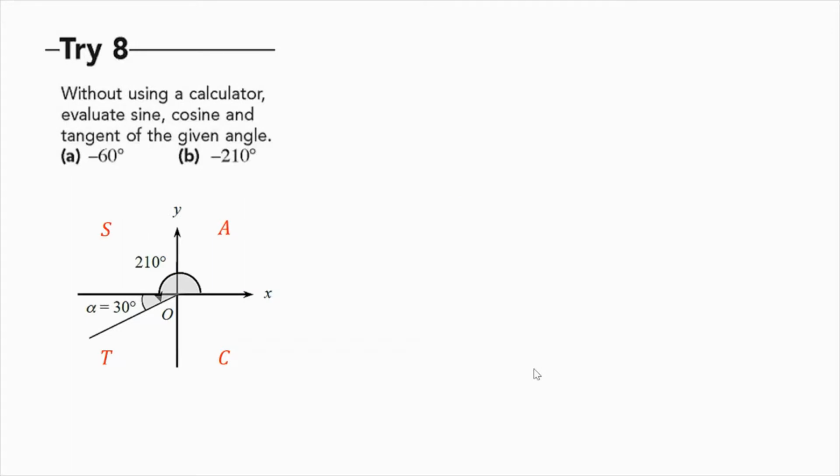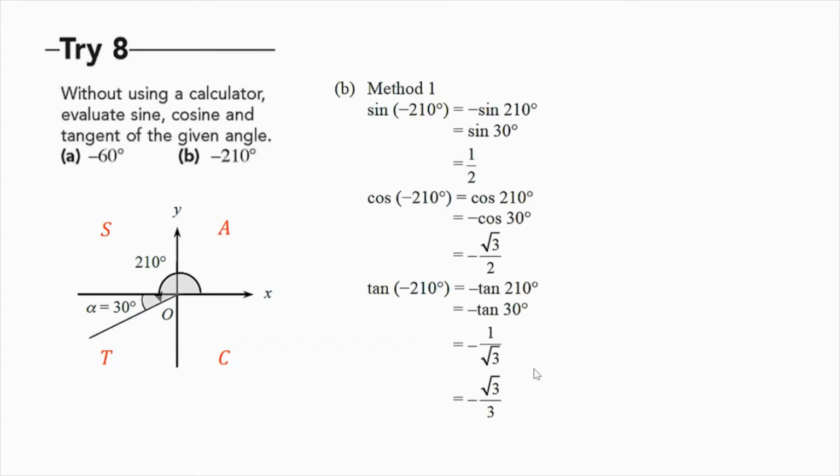Okay, for part B, when the angle is negative 210, method 1: sine negative 210 equals negative sine 210. This is using the negative angle, taking out the minus sign. And then sine 210 is equivalent to negative sine 30.